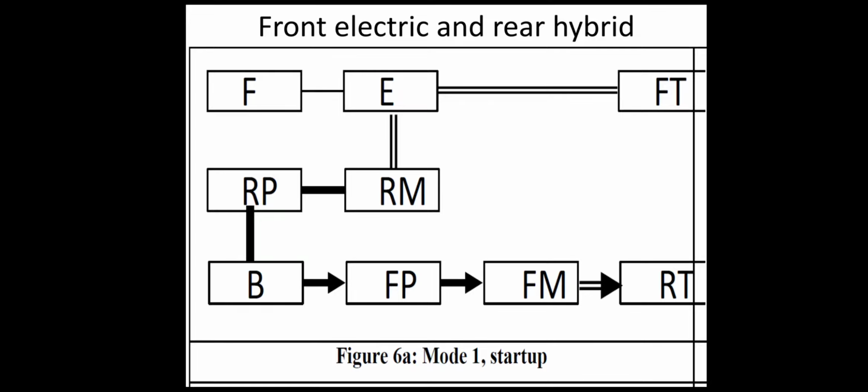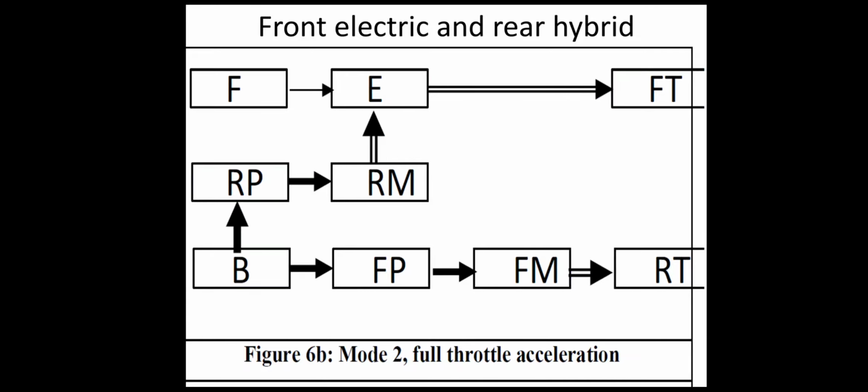In this configuration, all the drives work the same as in the startup. Both configurations are similar. During the startup, the required traction power is delivered by the electric motors and the engine is in the off mode.